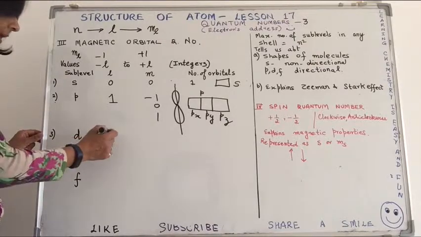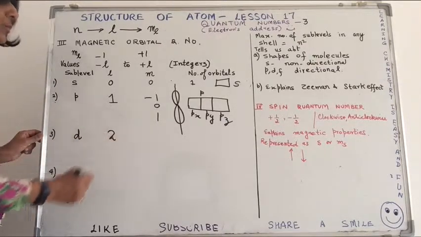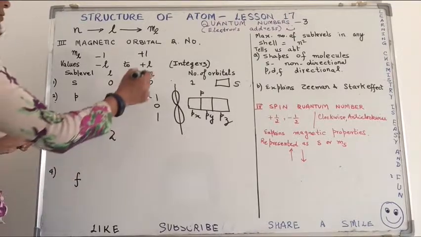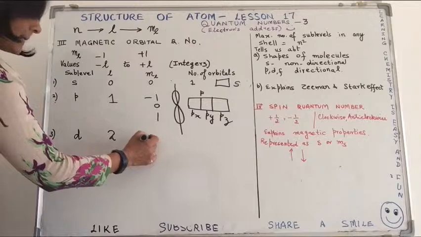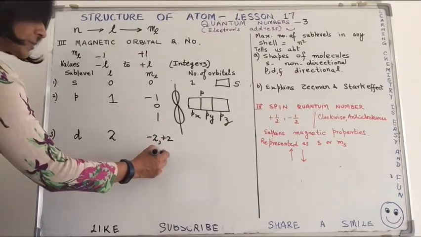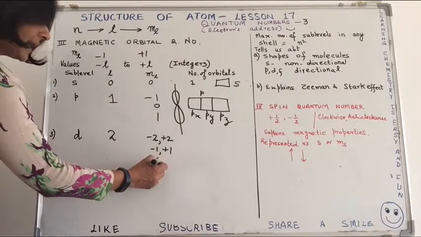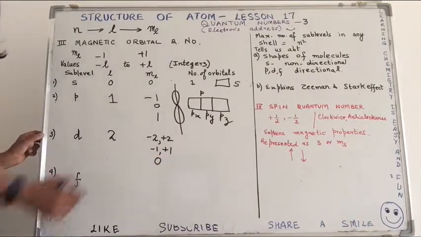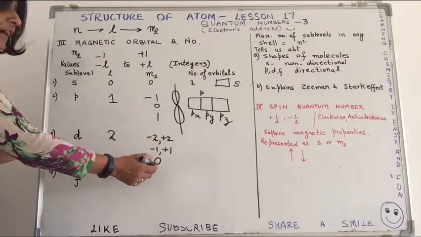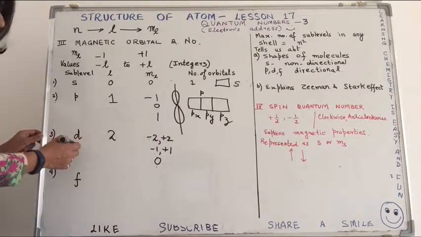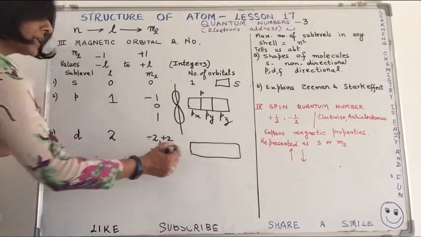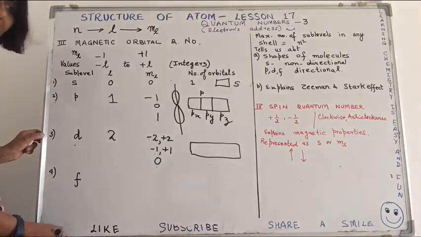Coming to D, L is 2. So the values of ml here would be -2, +2, -1, +1 and 0. So 1, 2, 3, 4, 5. In other words, my D sublevel is divided into how many further smaller parts?